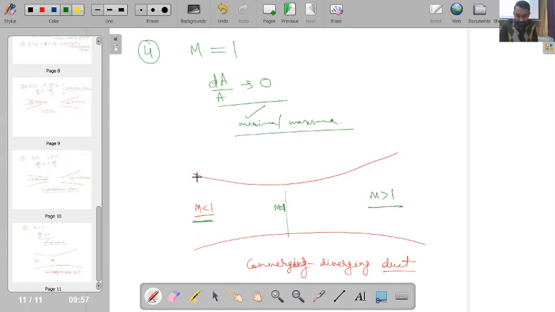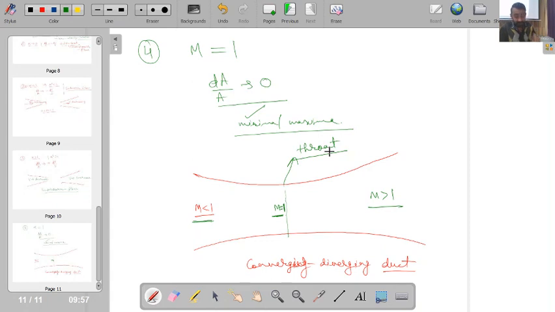So you can see that before this Mach number 1 my area is larger, and after this Mach number 1 the area is also larger. So I am getting a situation where the area is minimum only at M equal to 1. Okay, so this is the minimum area, and this is called the throat section. This is called the throat of the converging diverging section.